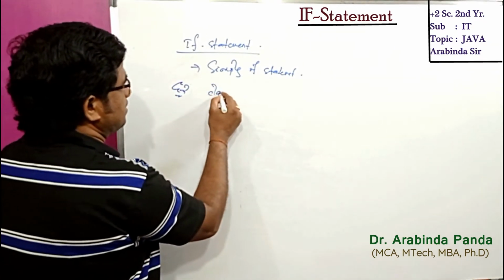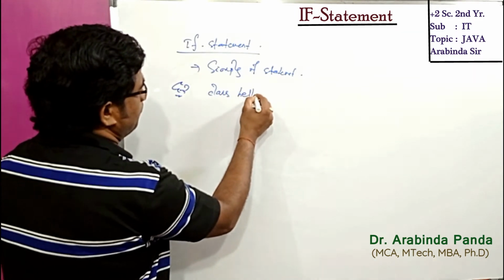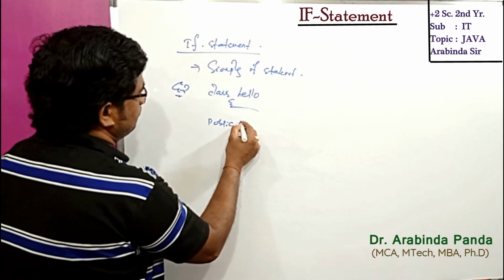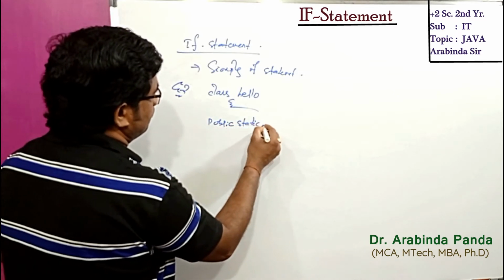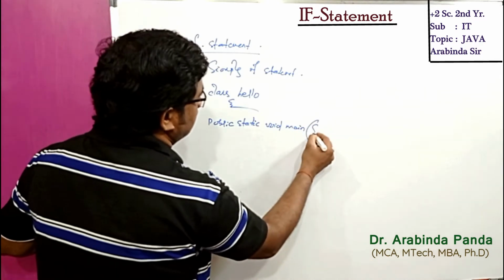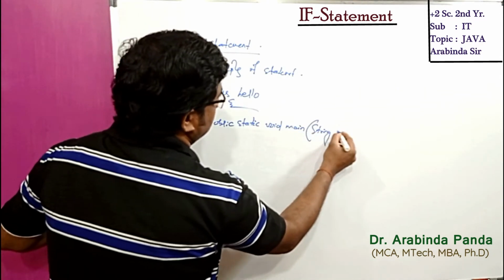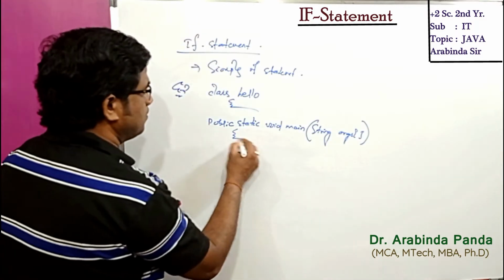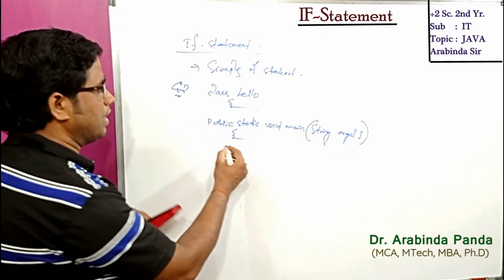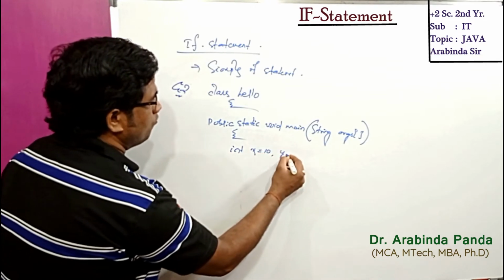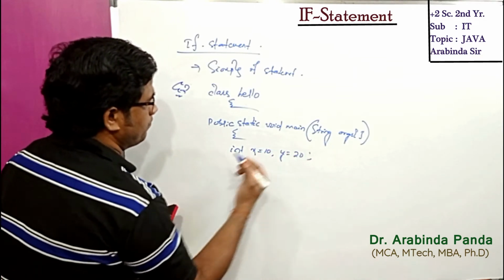Example, suppose class Hello, then public static void main, String args. Then int x equal to 10, y equal to 20, right?